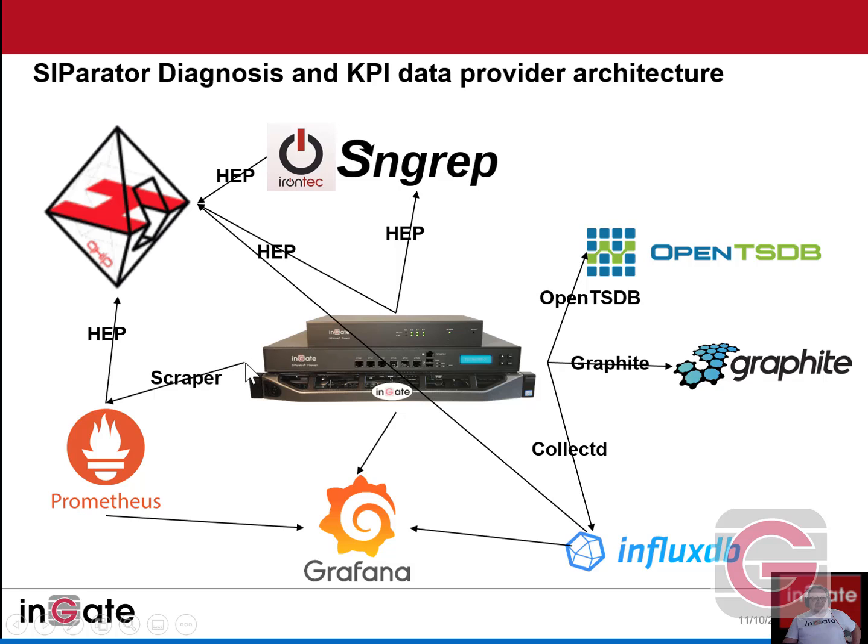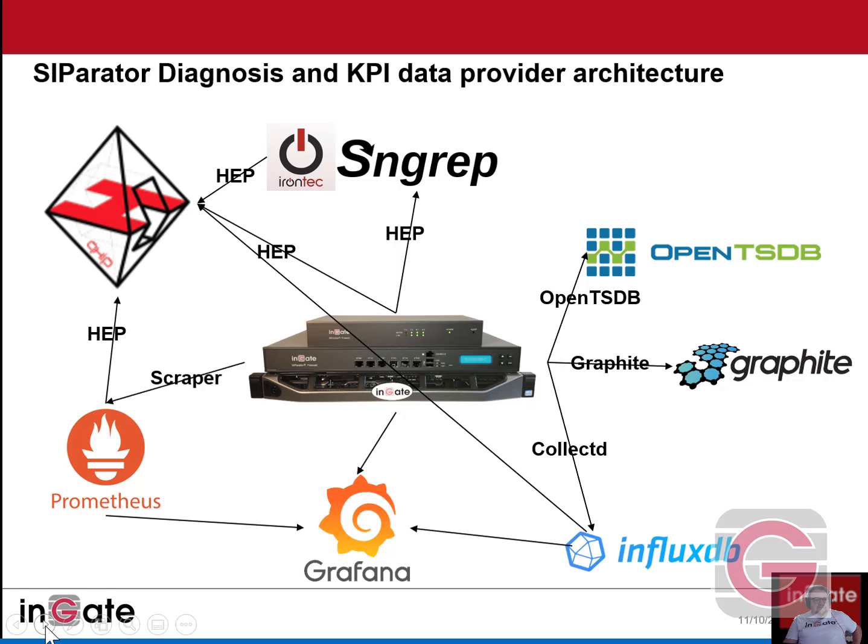The Ingate Prometheus scraper will allow you to send to a Prometheus agent, which can be used in conjunction with Homer or with Grafana, which is the application that I'm going to show you, to send the time series in order to be displayed and analyzed.